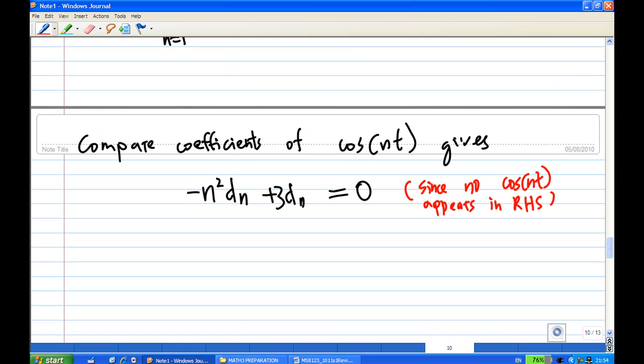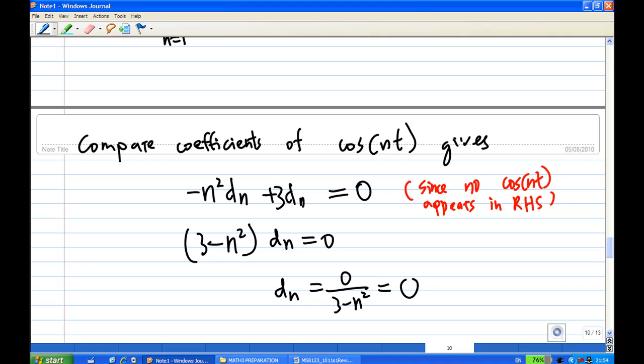Therefore d_n must be 0. If you cannot see why, just take (3 - n²)d_n = 0, so d_n = 0/(3 - n²), which is 0.